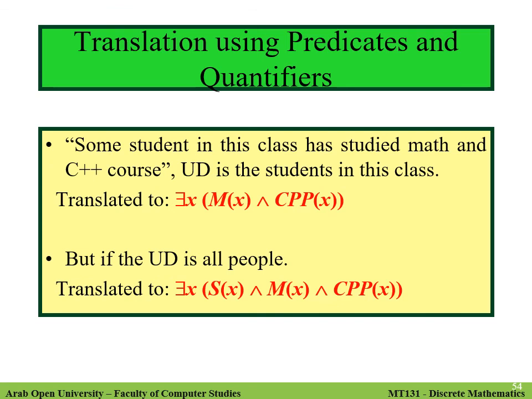If you change the domain, if the domain is the set of all people, then the statement can be written: there exists an x, there is a person, such that the person is a student in this class, that's S of x, and has taken math and has taken the course C++.